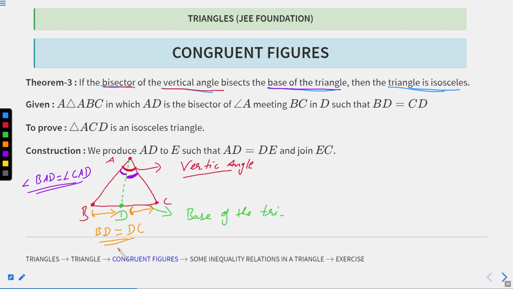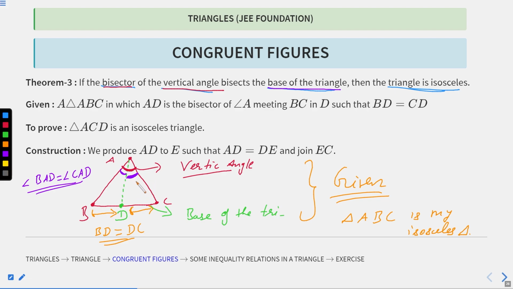All this information is given to me, and I need to prove that triangle ABC is an isosceles triangle. I hope this is very clear to you.